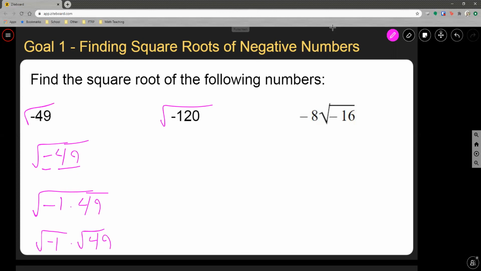The square root of -1 is equal to i, and the square root of 49 is 7. So I'm going to have i times 7, which is going to equal 7i. So the square root of -49 is just 7 times i. I'm going to remove this so I have some room to work on the next one.